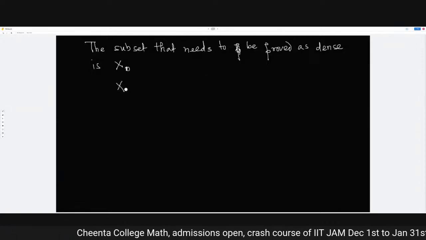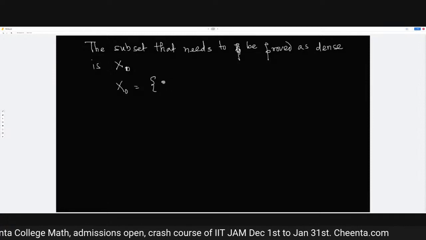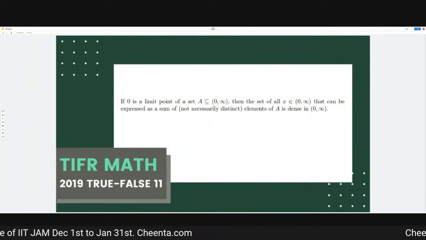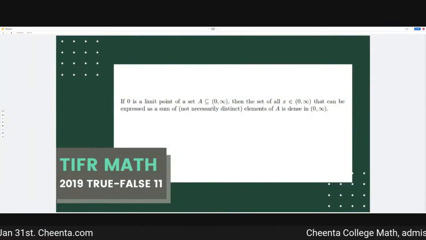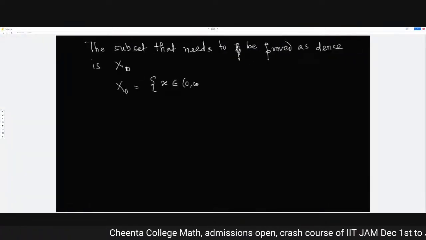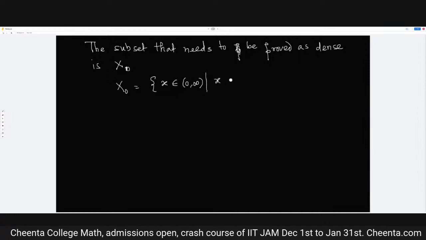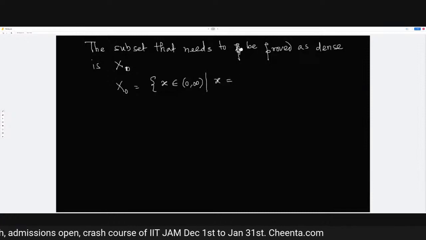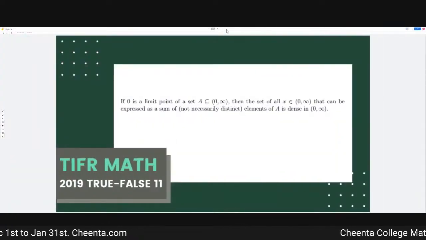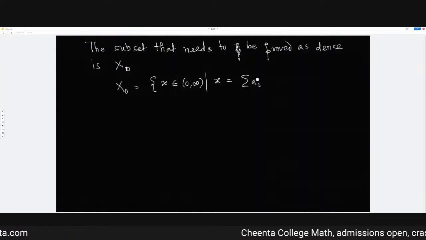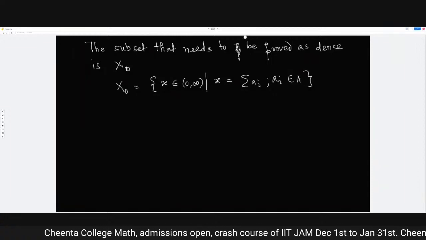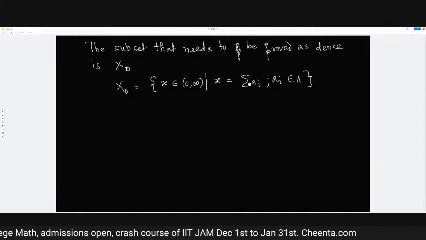This capital X naught is the collection of all such elements in (0, infinity) that can be expressed as a sum of the elements of A. So x belongs to (0, infinity) such that x can be written as a summation over the a_i's, where the a_i's belong to A. So this is the set X naught. This is what we have to prove is dense or not.